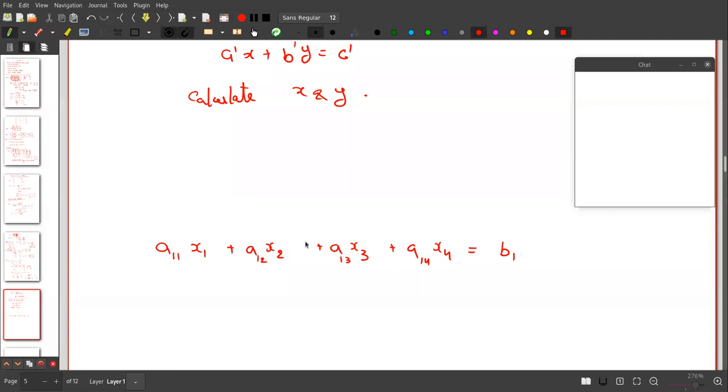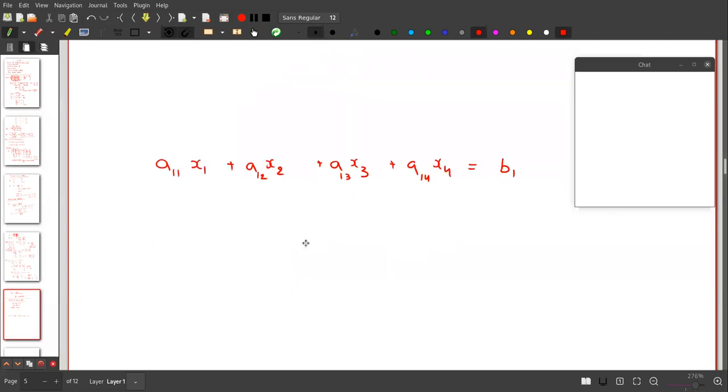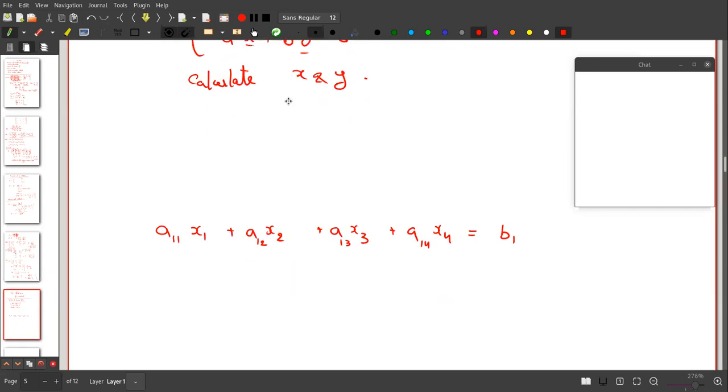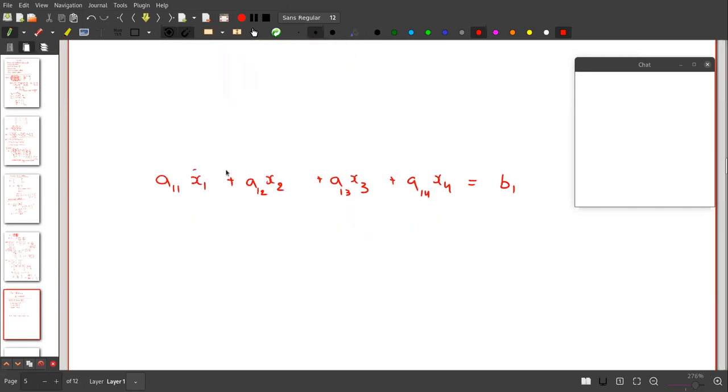To calculate x and y, you need two equations because there are two unknowns. If there are four unknowns, you need four equations to solve.